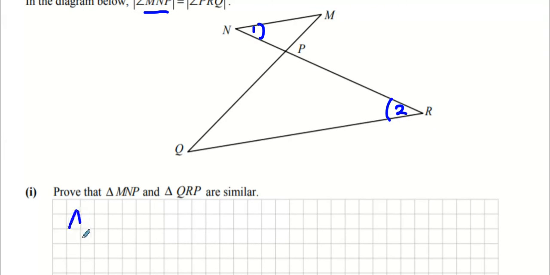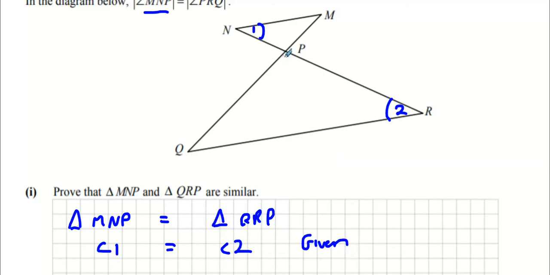Okay, so we have triangle MNP and triangle QRP. Angle 1 equals angle 2, it's given. Angle 3 equals angle 4 because they're vertically opposite.